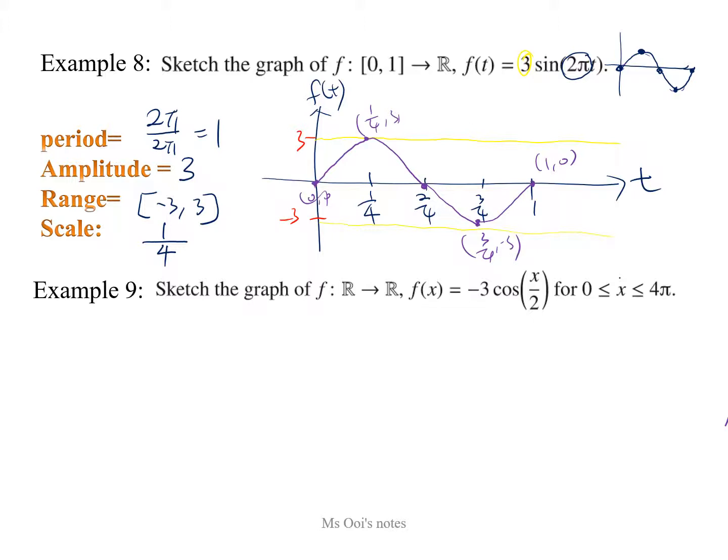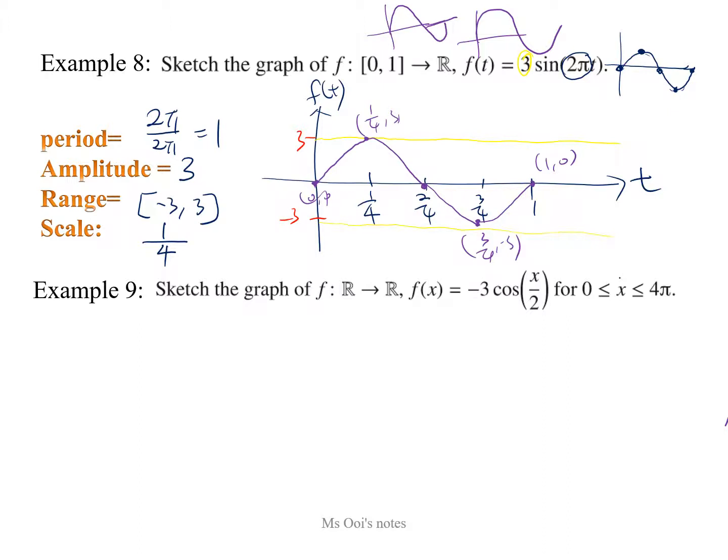Okay, that's what we have for example 8, and now we move on to example 9. The other thing I want to warn you is please draw your sine curve properly. I don't like to see a sine curve like that. Know your sine curve: one side is big and then the other half of the half period is small.